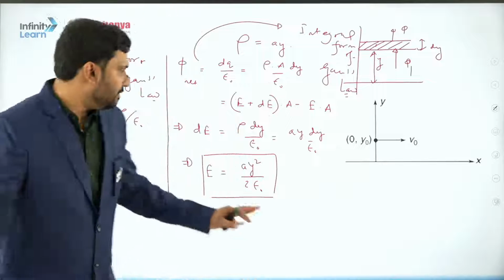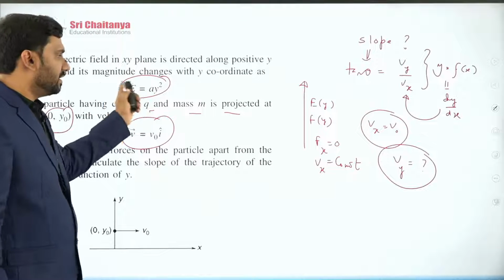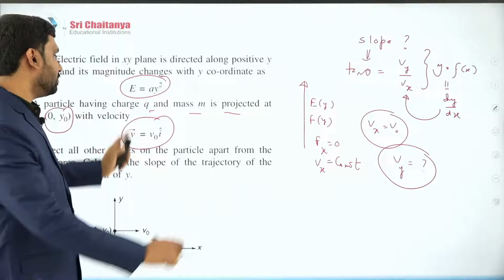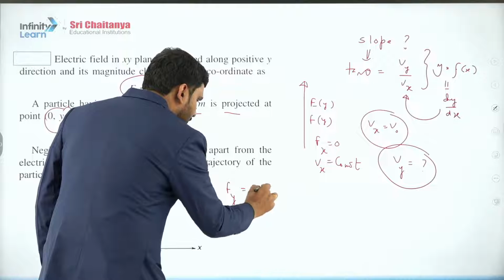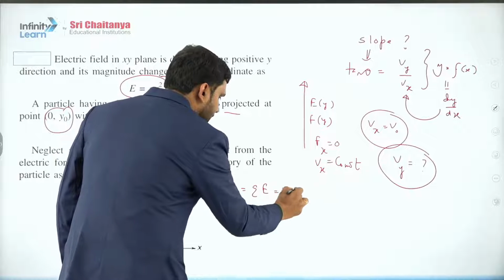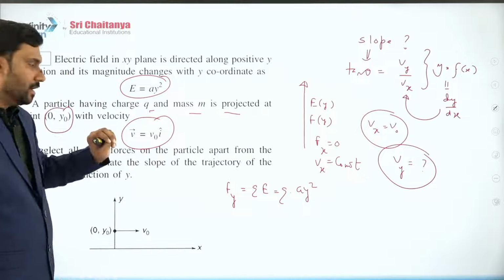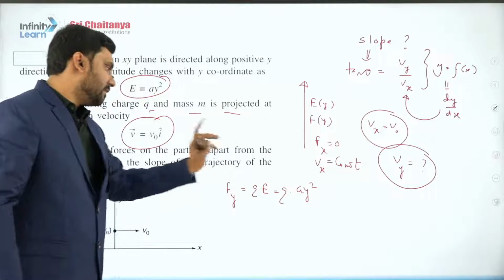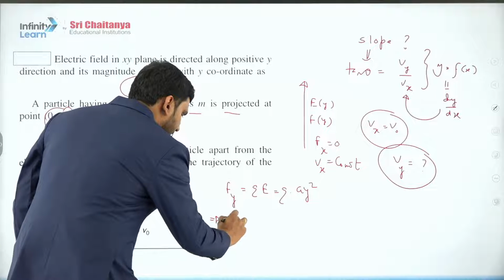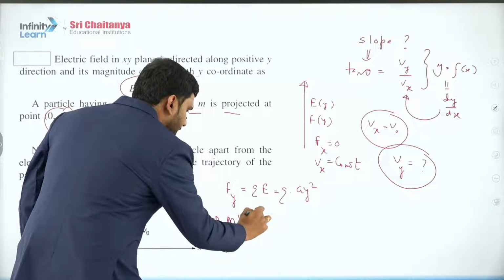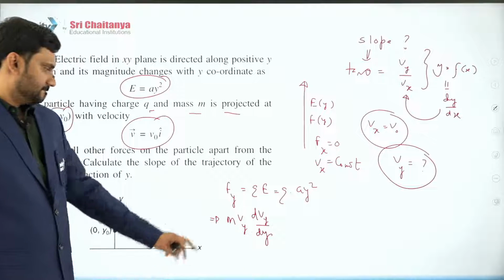Fine. So once we get the electric field, but here in this case the electric field is already given. So can I write Fy is equal to Q into E? So that is Q into Ay square. Now Fy I can write as m Vy dVy/dy.